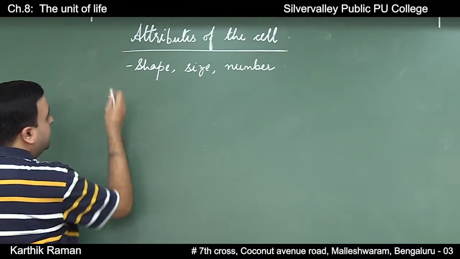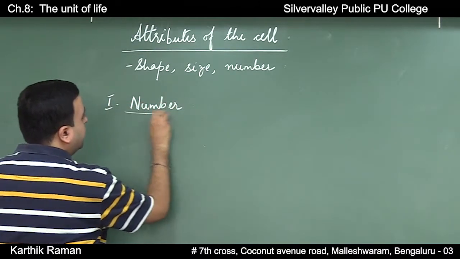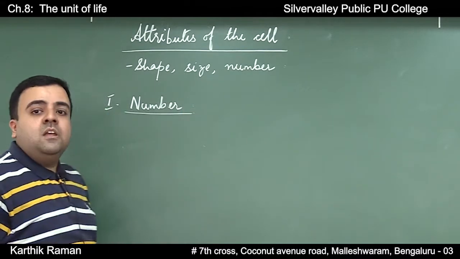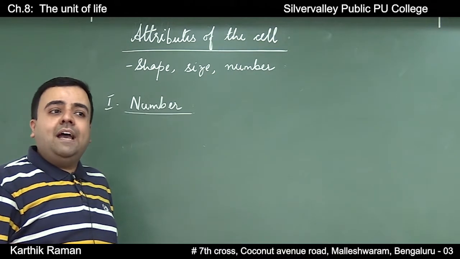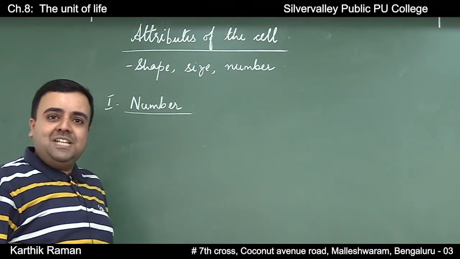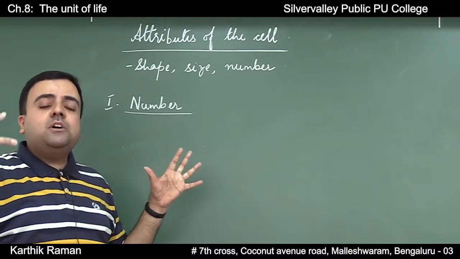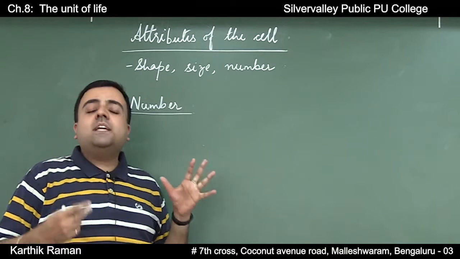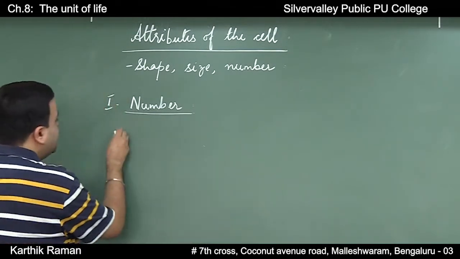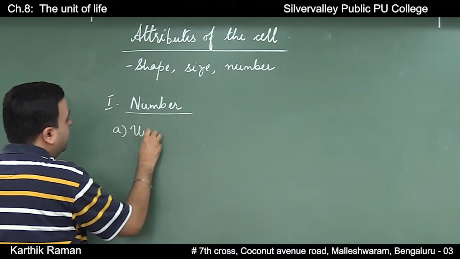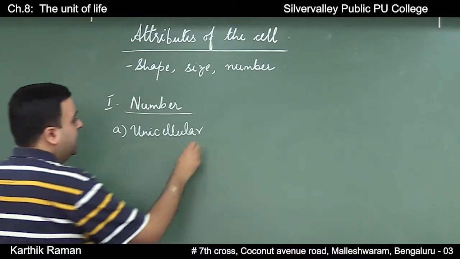So first one, let us talk of number. When an organism is small, it's going to have a lesser number of cells. As the organism grows bigger in size, due to the concept of cell division, the organism will have more cells. So based on number, you are going to have unicellular organisms.